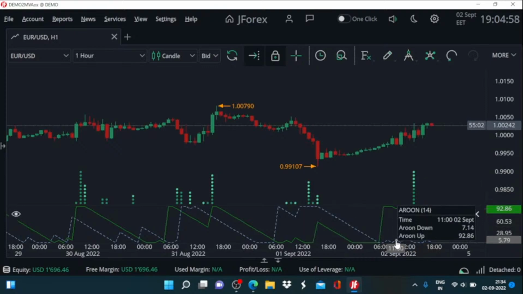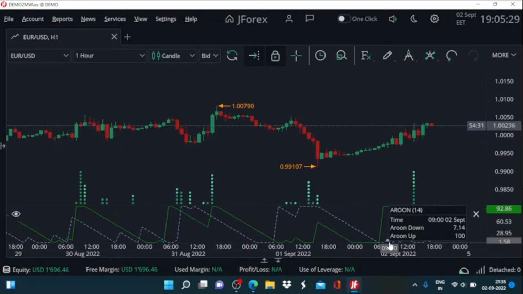And the same logic is applied for the AROON down also. If we have the reading above 50, that means the AROON down was formed within the last 7 hours of the calculation period. And if we have the AROON down value below 50 and above 0, in between 0 to 50, then that is indicative of the lowest value of the last 14 candle periods being formed more than 7 hours back.